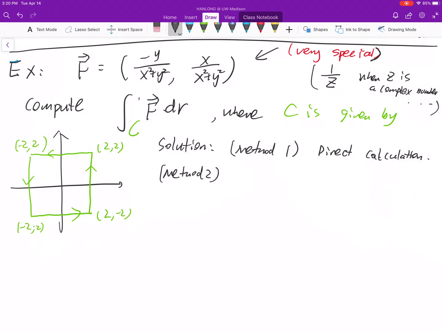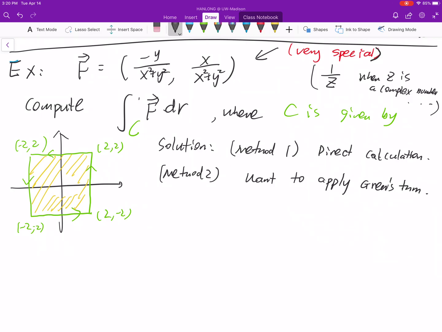Okay, the method 2 is we want to apply Green's Theorem.